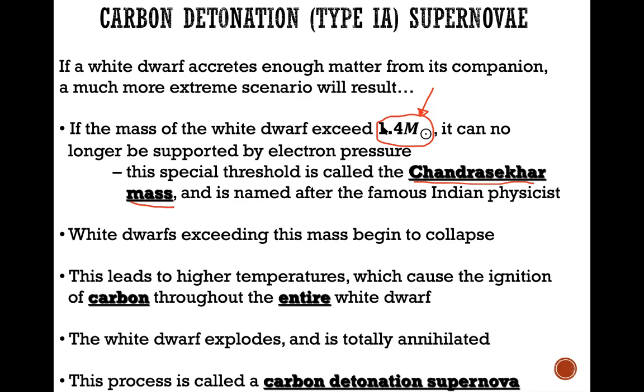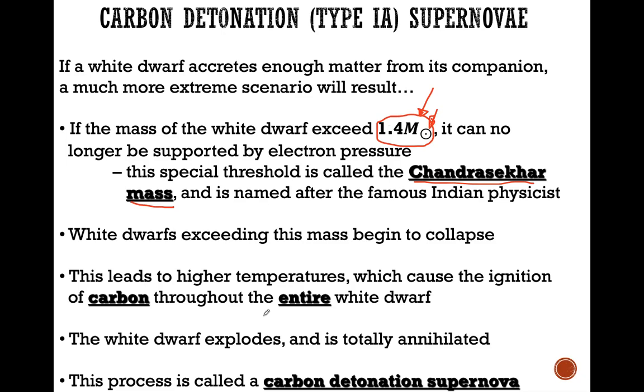In the previous case, what will happen is in the central region you will have carbon ignition and make the higher material, and then you will have a shell outside like that. But this is not something like this, because this material is just plunging suddenly into the white dwarf, and when it exceeds this particular mass, the whole star will go through this carbon ignition, right?